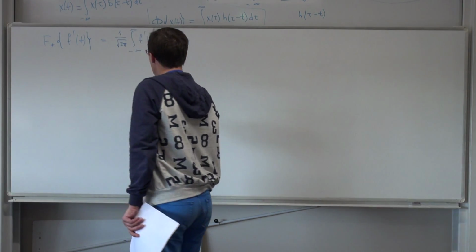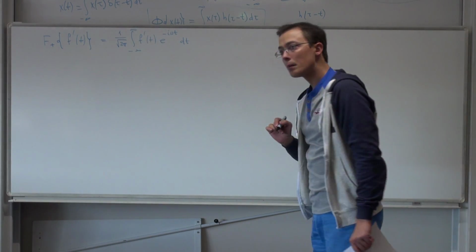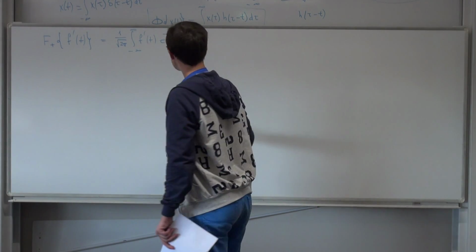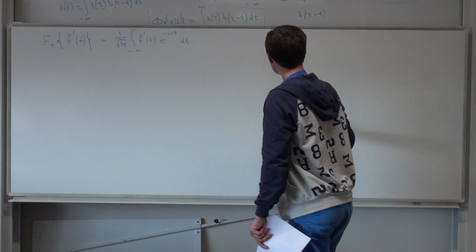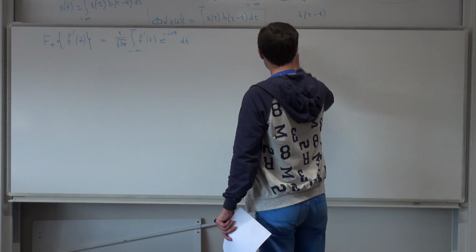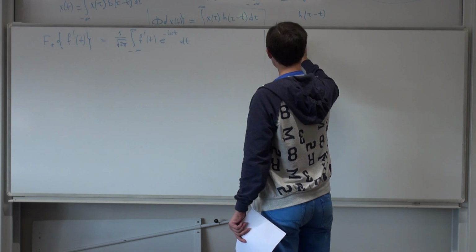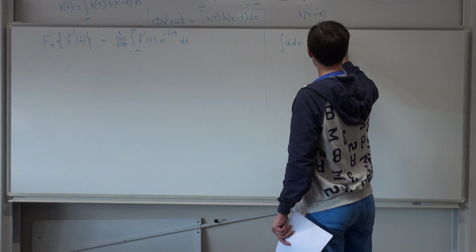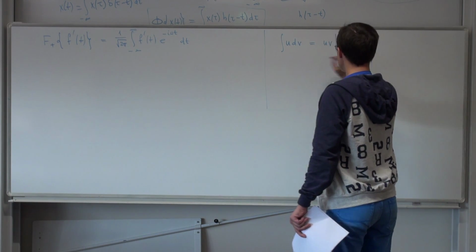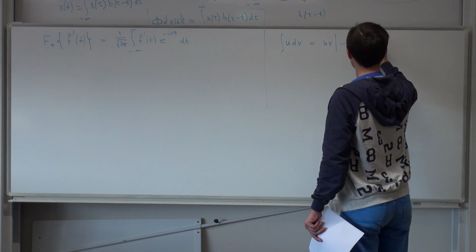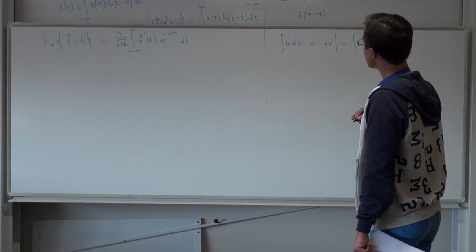Let us integrate this by parts, as we usually do when we have some straightforward derivatives under the integral. So I will remind you what integration by parts is. If you have an integral of u dv, it's uv in the same limits minus the integral of v du. I think that's right.